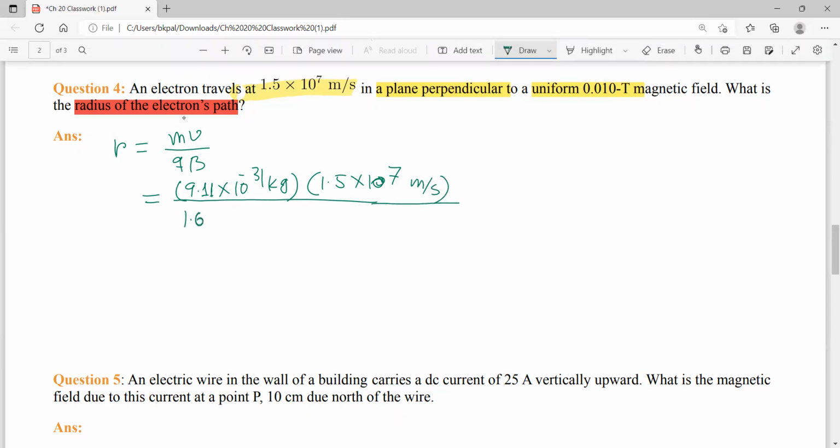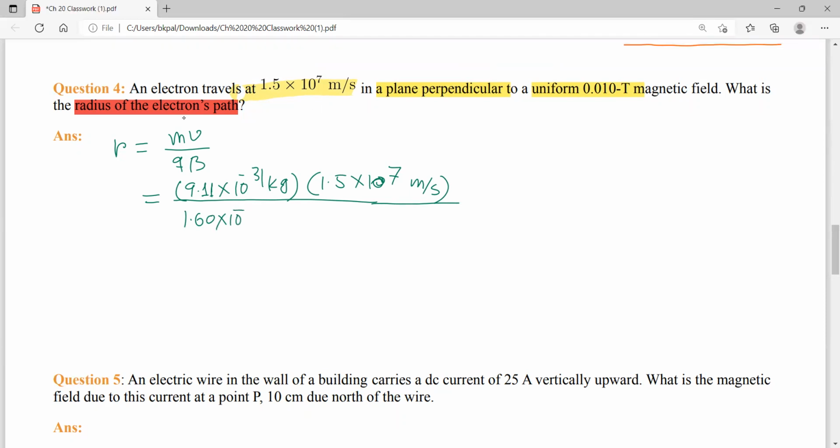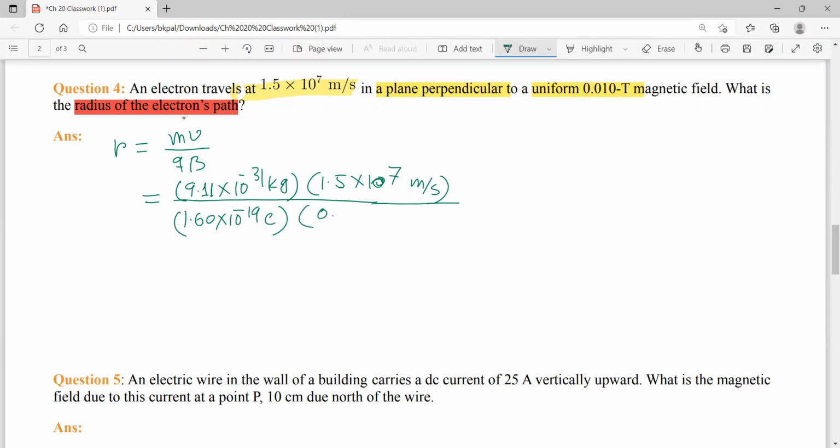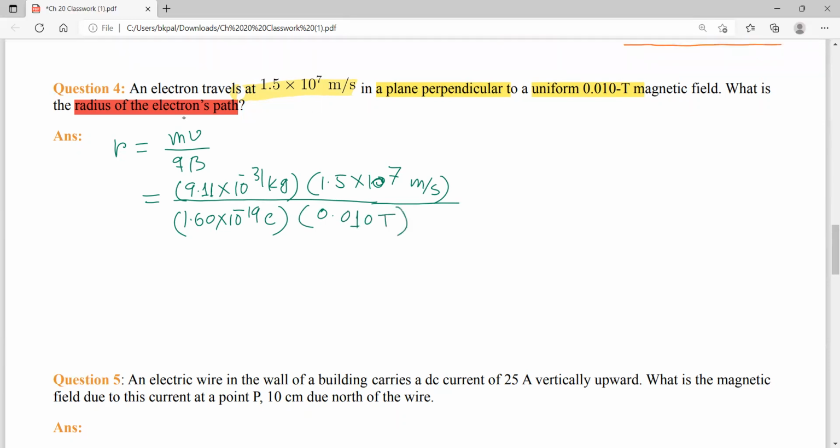Charge is 1.60 times 10 to the power minus 19 coulomb, and the magnetic field is 0.010 Tesla. So this is basically equal to 0.0085 meter. Okay, all right.